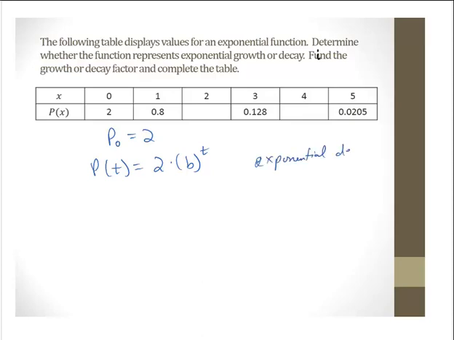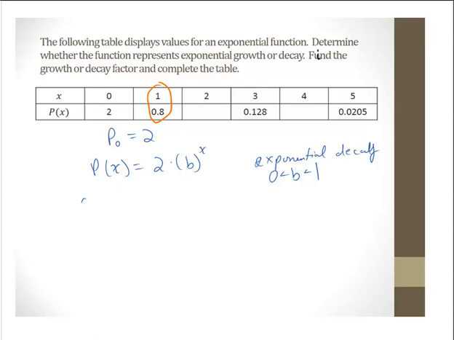Which means we are expecting our b value to be between 0 and 1. So let's remember that. So now we choose another point. Well, I'm going to use the second point, 1, comma, 0.8. So then, when t is 1, I should say x, right? This function was called p of x. When x is 1, p of x is 0.8.